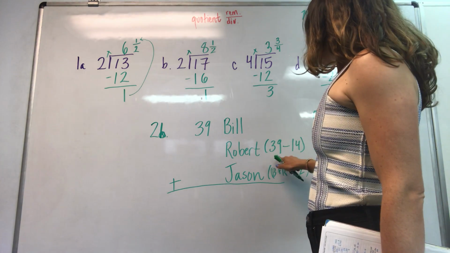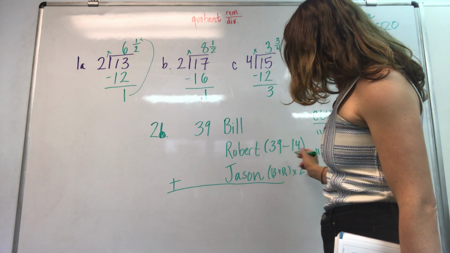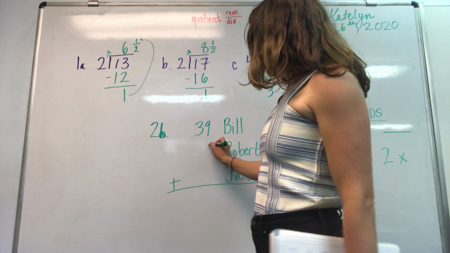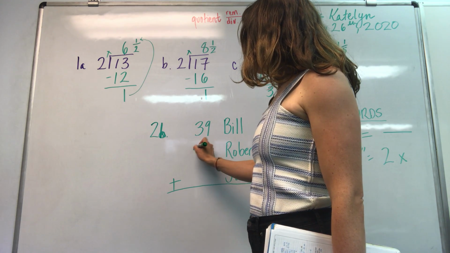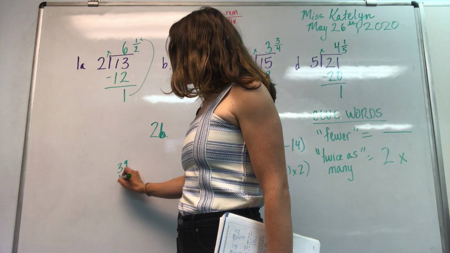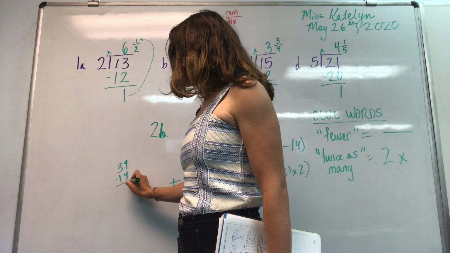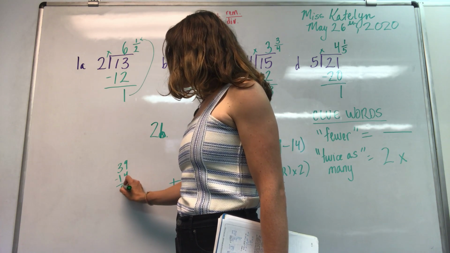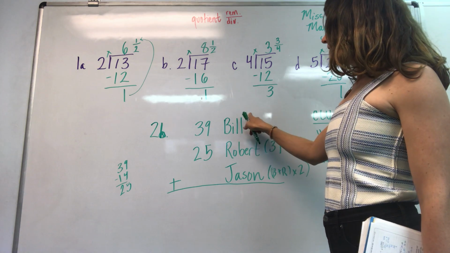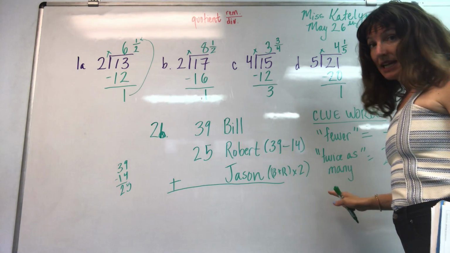Okay, 39 minus 14 is 25. You can also go over here. 9 minus 4 is 5, and 3 minus 1 is 2. Okay, now Jason is Bill plus Robert twice as many.